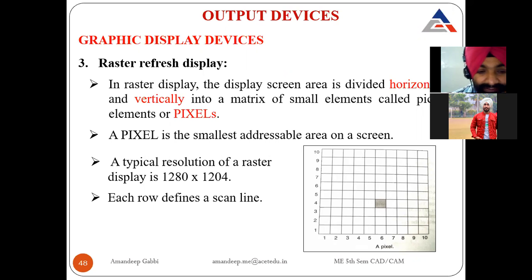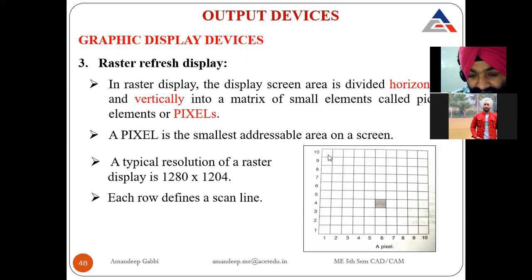The typical resolution of a raster display is 1280 by 1024, that is horizontal by vertical. This matrix shows that on the horizontal side you will have 1280 columns, and on the vertical side you will have 1024 rows. Each row defines a scan line.